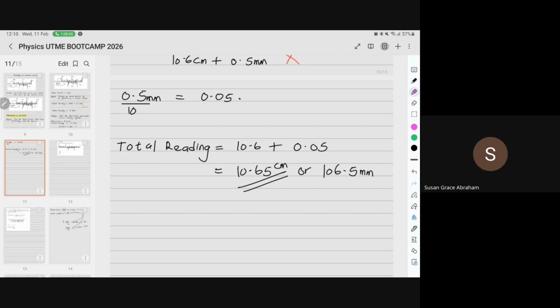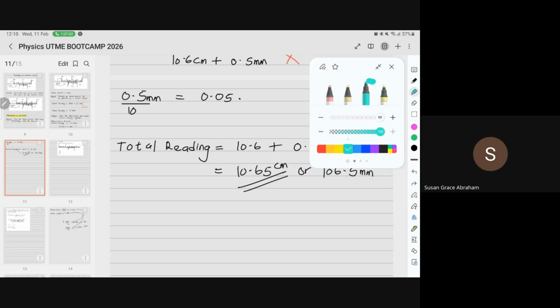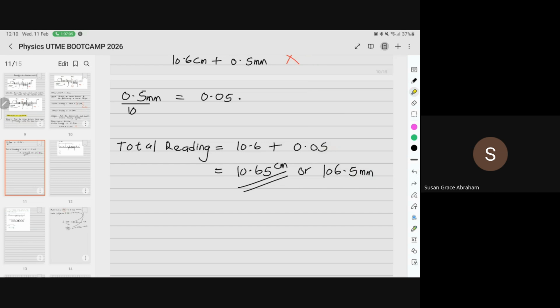Observe again that you have 1 decimal place. 1 decimal place is always for vernier calipers in millimeter. Then for centimeter, it's going to be 2 decimal places.